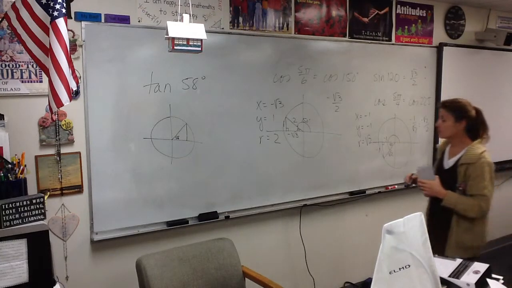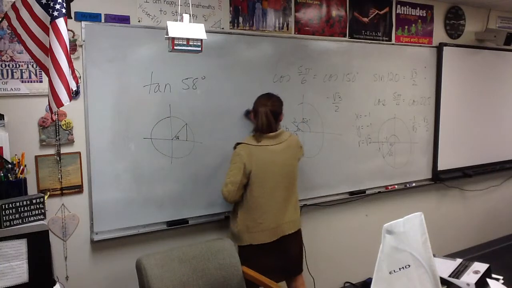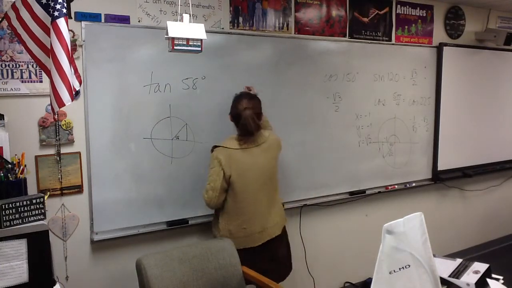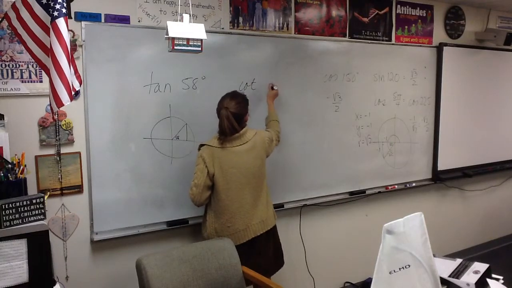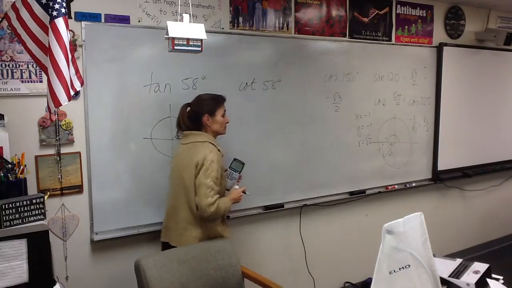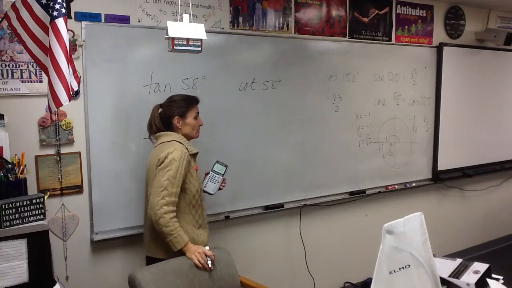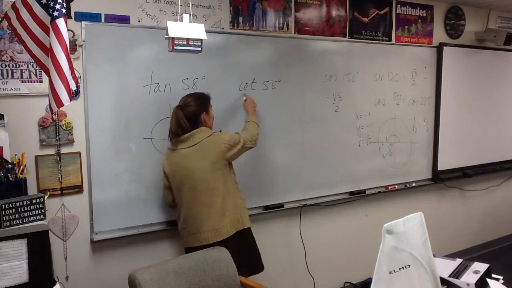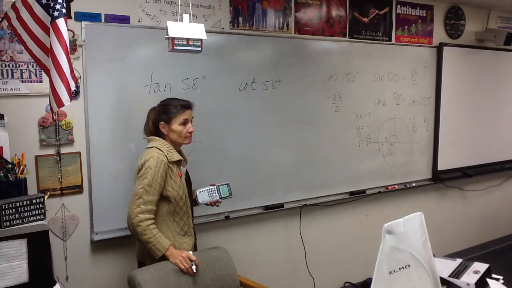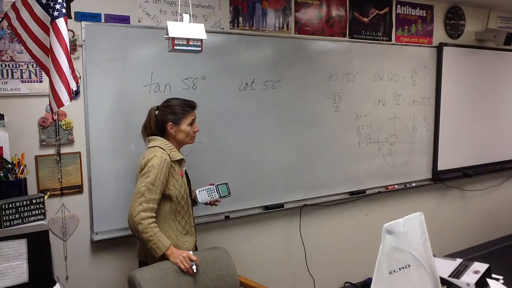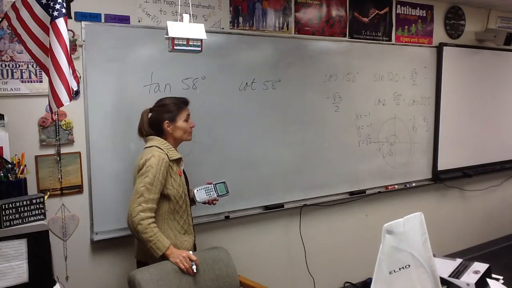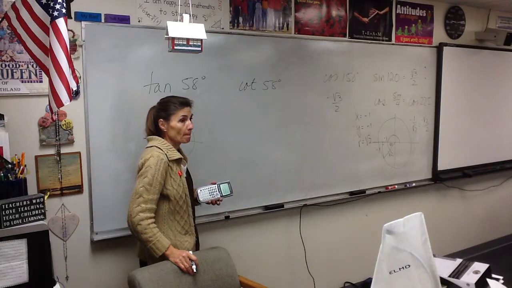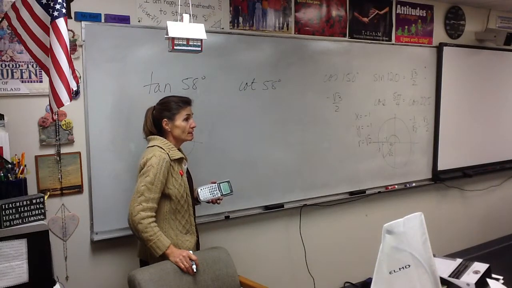Now, another thing you have to be careful of is, what if the question is, find the cotangent of 58 degrees? Now wait a minute. You paid $100 for this calculator and it does not have a cotangent button. What do we do? Second, put it to the negative. No. No. What is the definition of the cotangent? Reciprocal of tangent.